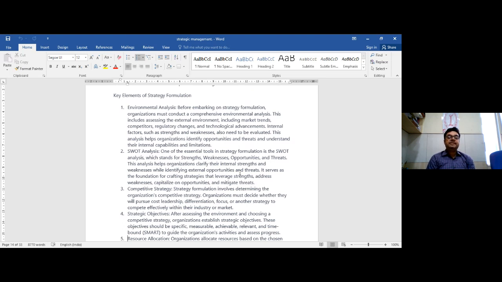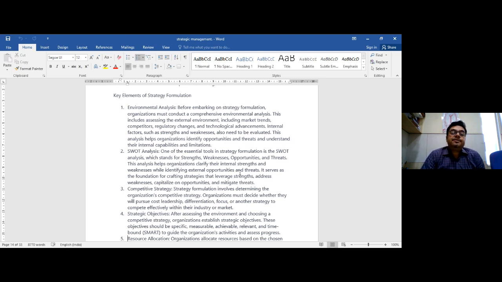It includes assessing the external environment of the firm, including market trends, competitors, regulatory changes, and technological advancements.